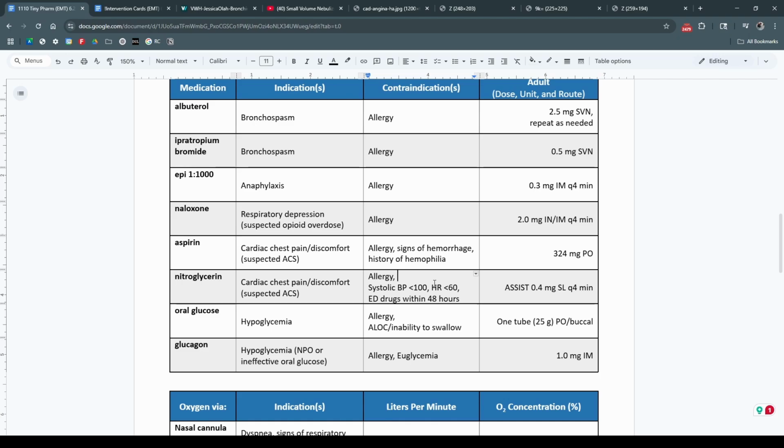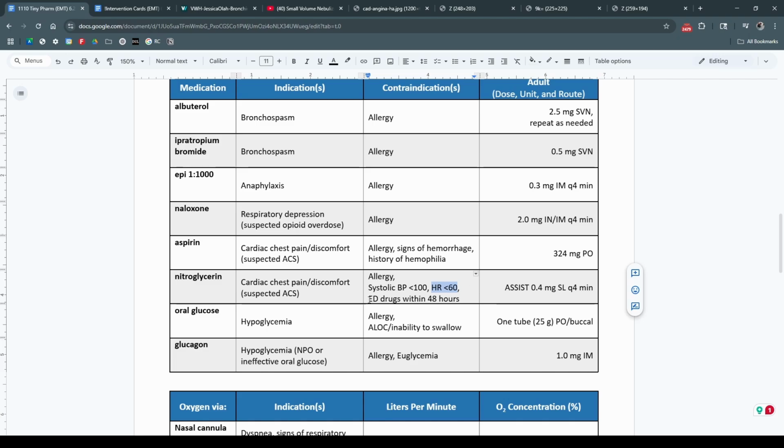So we don't give nitro when somebody's blood pressure is below 100 or when their heart rate is below 60, because of course, this is part of our cardiac output formula. Cardiac output is heart rate times stroke volume of the heart, equals essentially blood pressure. And so a heart rate that is too low will mean that they can't get enough blood back to where they need to get it in the first place either, and that's a huge problem.